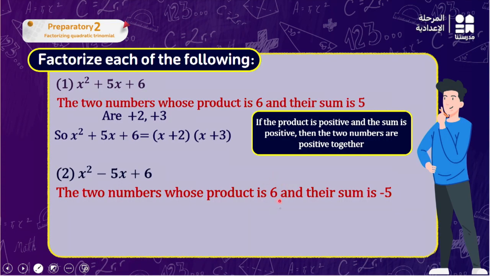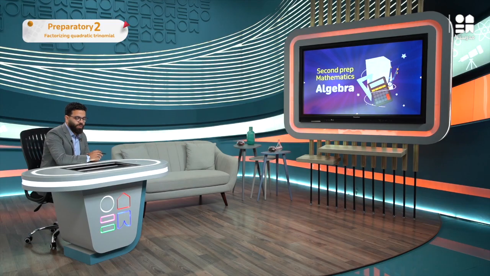Yes, product is 6, so summation is what? Negative 5. These two numbers are negative 2 and negative 3. Their product is 6, negative 2 multiply negative 3 is 6, and their summation is negative 5. So they are the factors we need. So x squared minus 5x plus 6 equals x minus 2 multiplied by x minus 3, as you see.